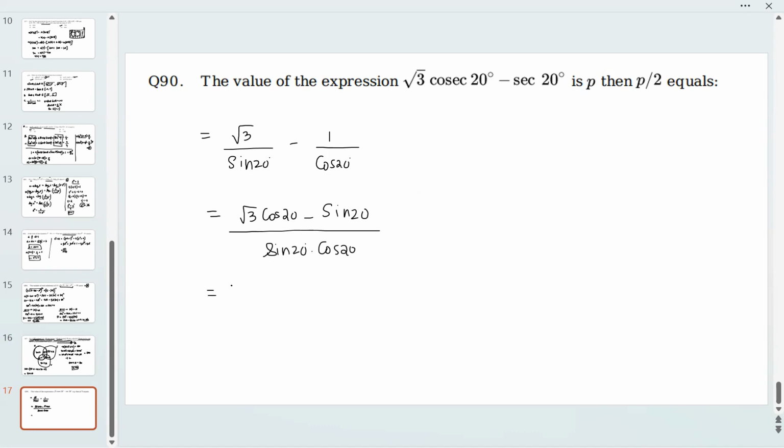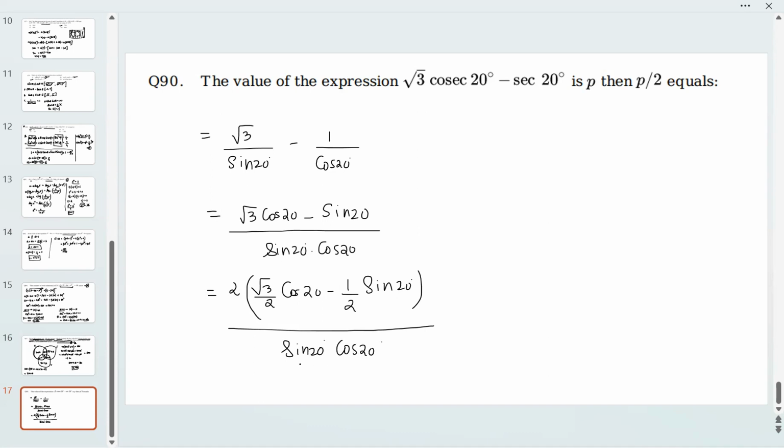If I multiply by 2 and divide by 2, then I will get root 3 by 2 cos 20 minus 1 by 2 sin 20, the whole upon sin 20 into cos 20. Now I can write root 3 by 2 as sine 60 degrees.